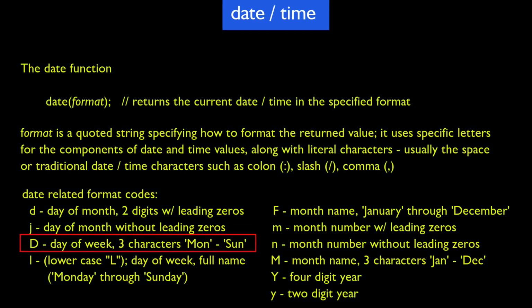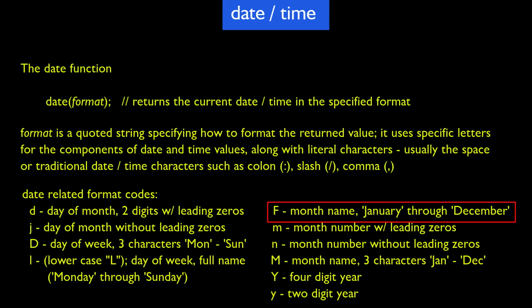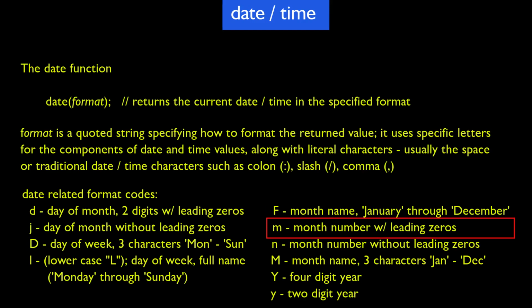Uppercase D returns the day of week as 3 characters, Mon through Sun, and lowercase l returns the day of week full name, Monday through Sunday. Uppercase F returns the full month name. Lowercase m, the month number with leading zeros, so 01 through 12, and lowercase n, the month number without leading zeros.